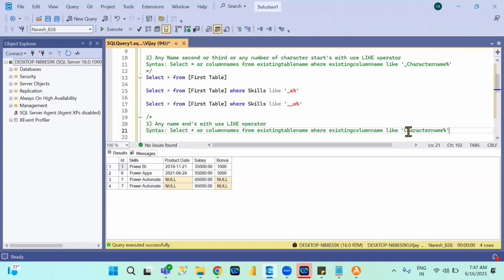Tell me. Very good. First you have to put percentage. After that, the character. Understand or not? Okay.